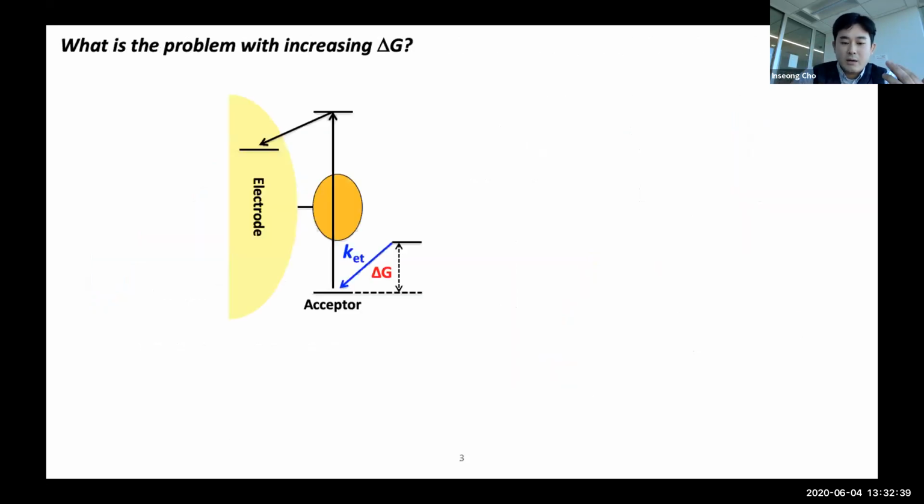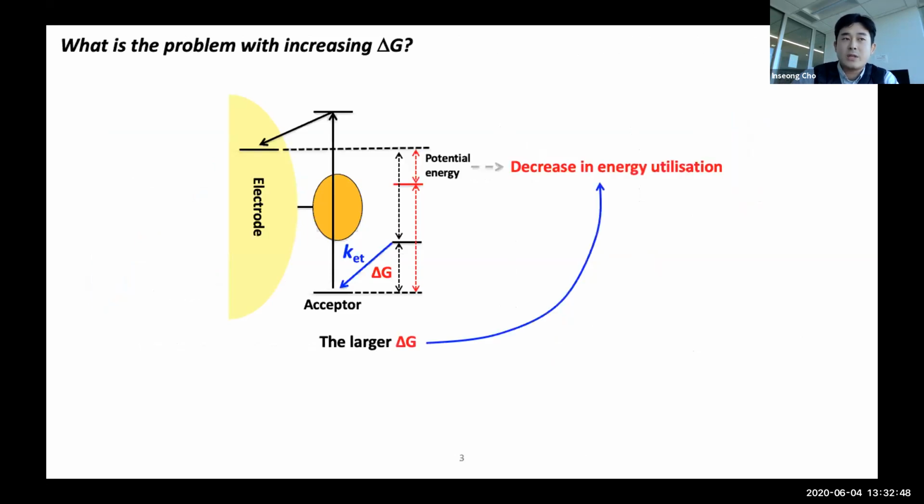But increasing the driving force doesn't always have a positive effect. In some systems, if you increase the driving force, that actually decreases the potential energy in the system, so it results in a loss of energy utilization. So in that case, we probably need other ways to control the electron transfer rates.